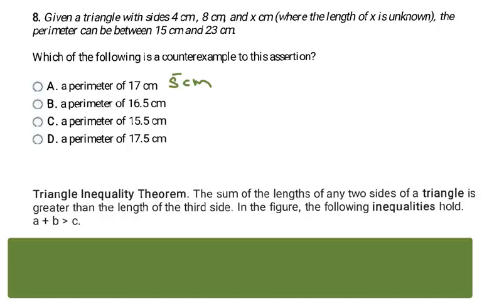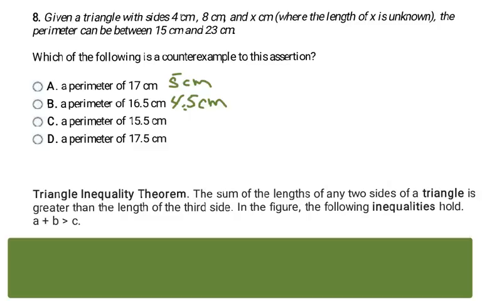So that triangle does exist. If I look at my next perimeter, it's 16.5. That means my third side has to be 4.5 centimeters, because when I add 4 plus 8 plus 4.5, that gives me the perimeter of 16.5. If I take the two smaller ones, 4 plus 4.5, that's 8.5, which is bigger than 8, so that triangle does exist.